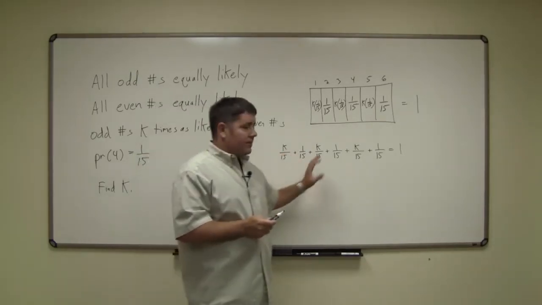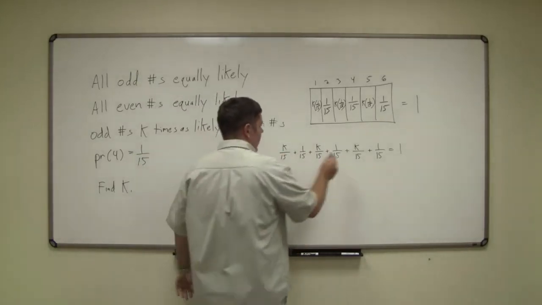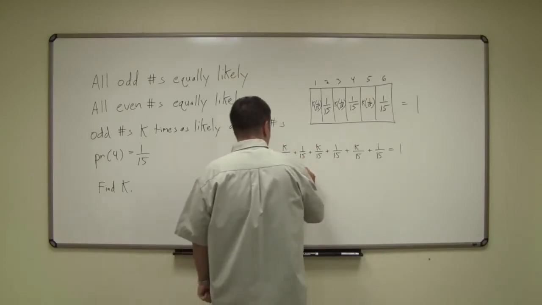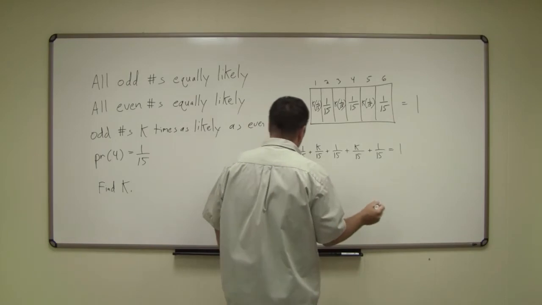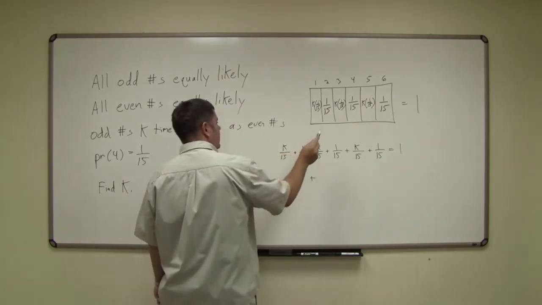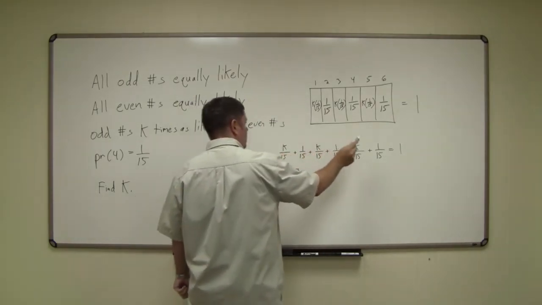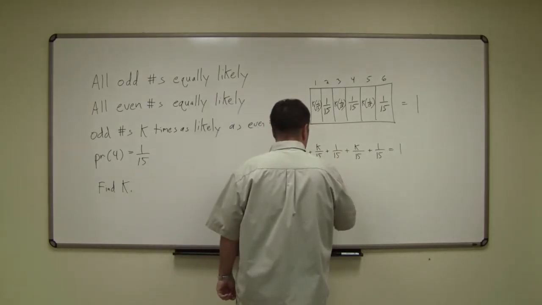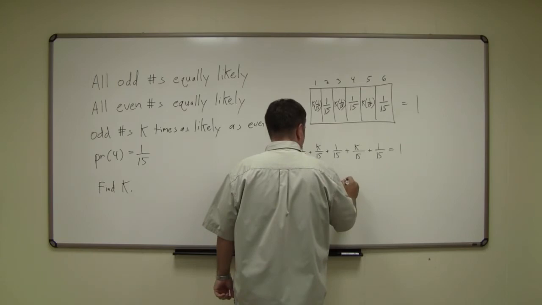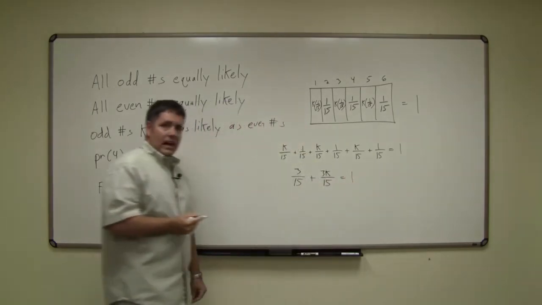The 1/15ths, these 3 numbers add together to give you 3 over 15. And then k over 15 plus another k over 15 plus another k over 15, that's 3k over 15. Stuff all has to add up to 1.